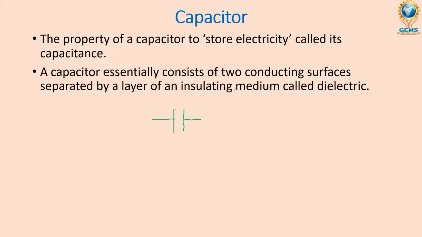These two are the conducting surfaces. Okay. If suppose this is the positive, this is the negative. These two are the conducting surfaces, separated by an insulating media called dielectric media.